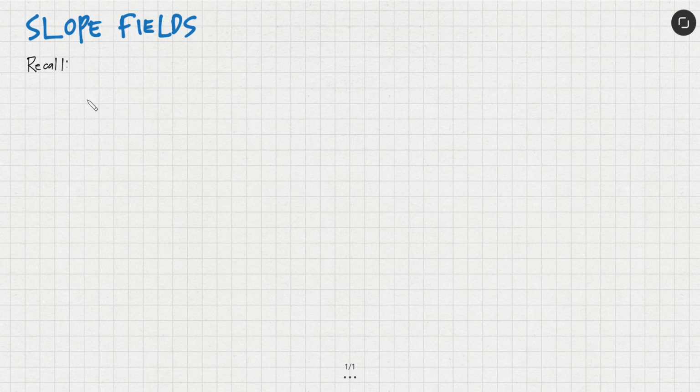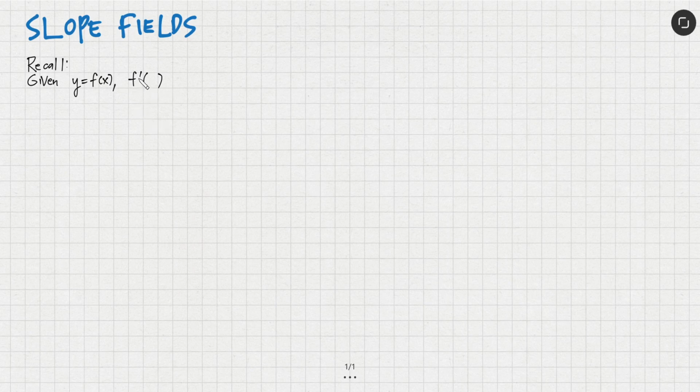geometric interpretation ng derivative. So we are given a curve, y equals f of x. So ang alam natin yung first derivative ng function, if we evaluate, so yung first derivative is the function that gives the slope of the tangent line.